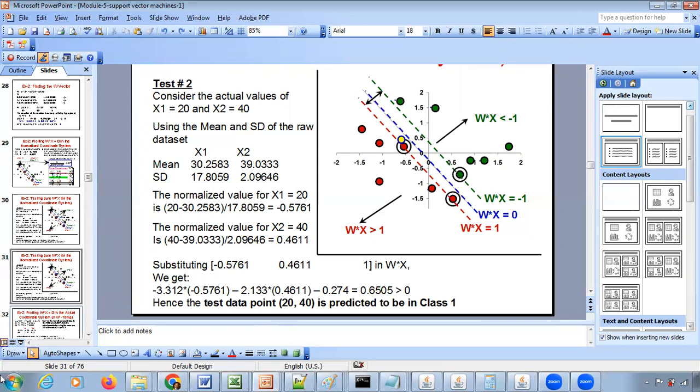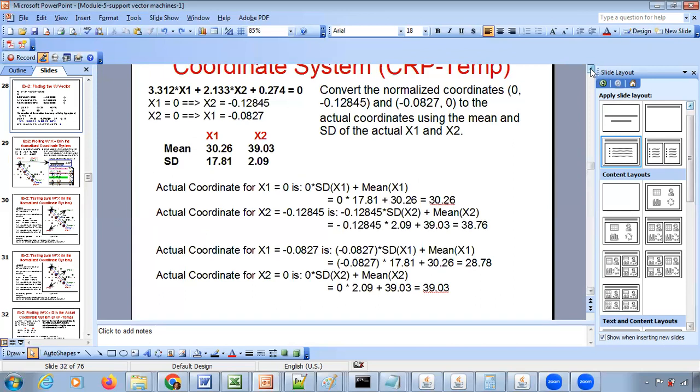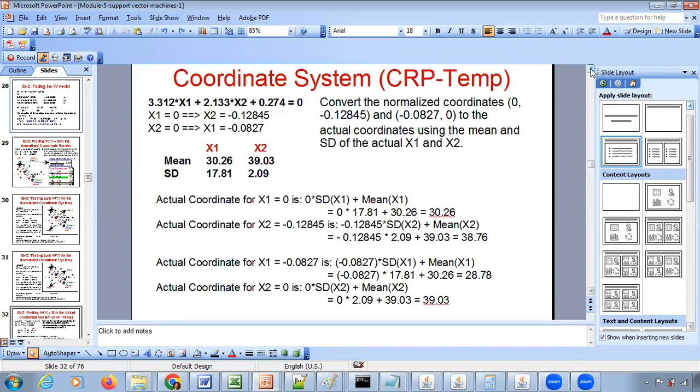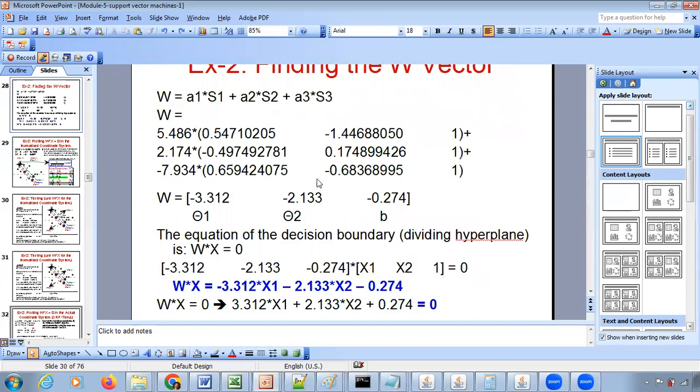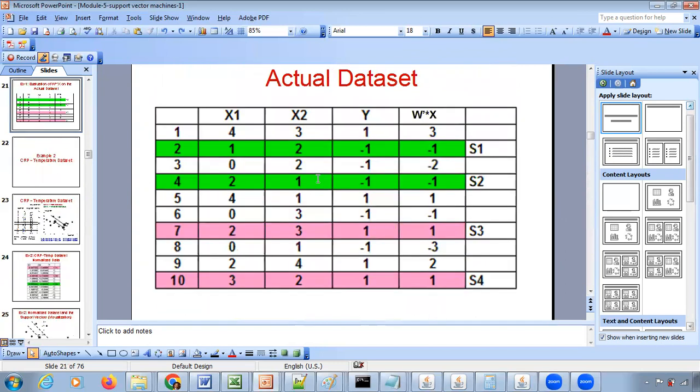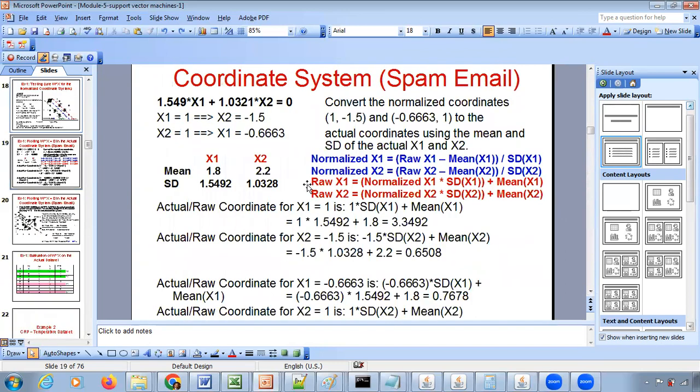Okay, so now let us convert the normalized coordinate to the raw system. For that, we need to use that formula, just the other version of this. We did that in the spam email case. Let me just copy the raw case.